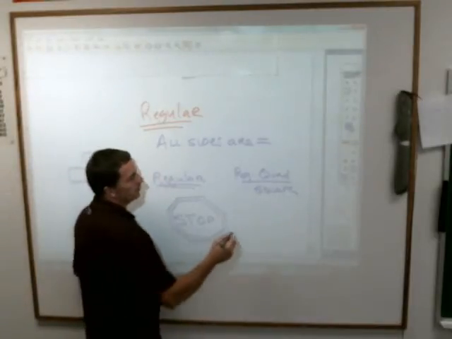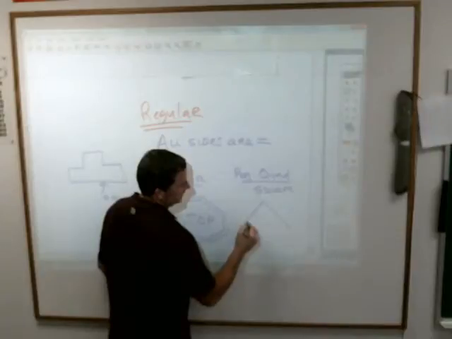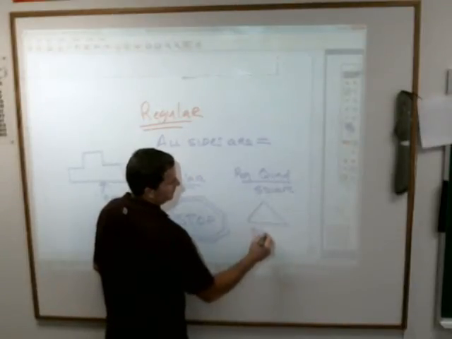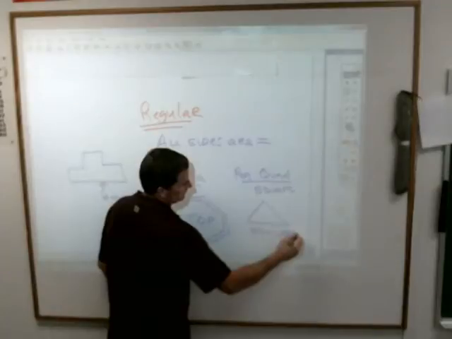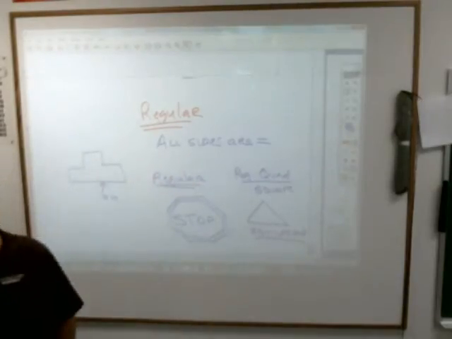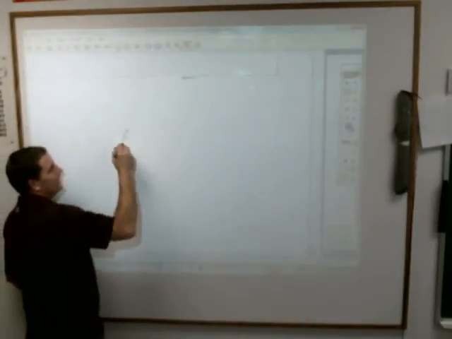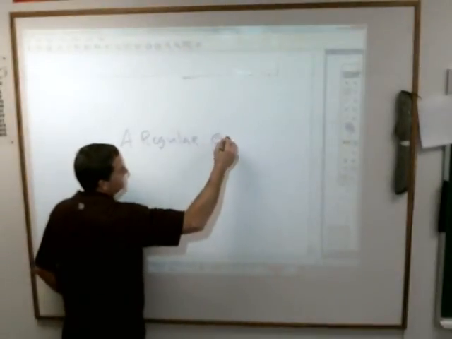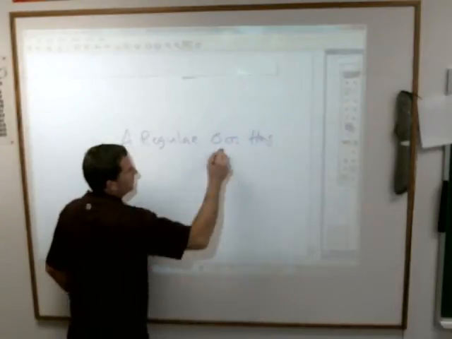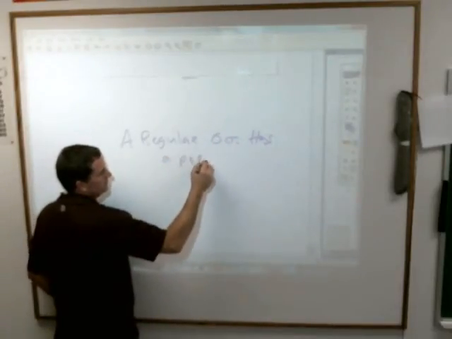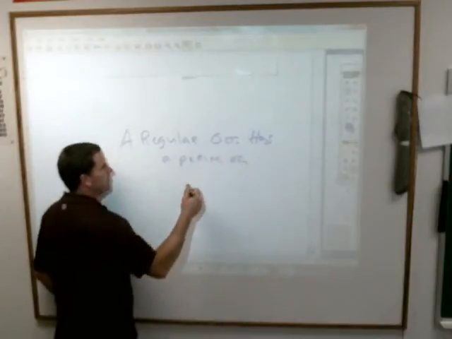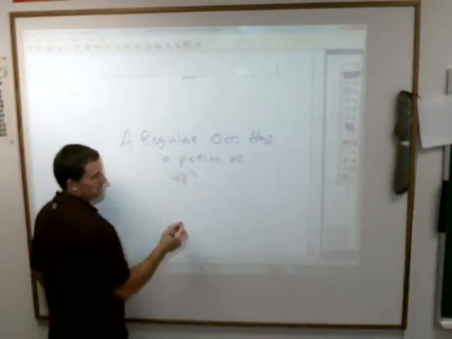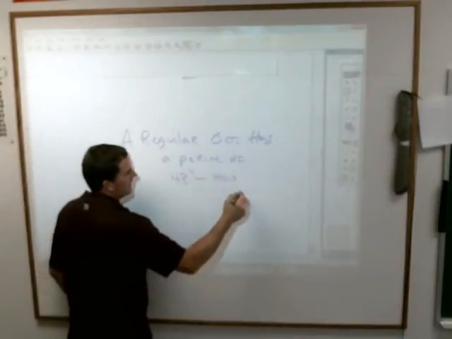Same thing, what about a regular triangle? Does anybody remember what we call that? It's an equilateral. So just make sure, it's an important word in the book, because when the book says, for example, a regular octagon has a perimeter of 48 inches, how long is each side?